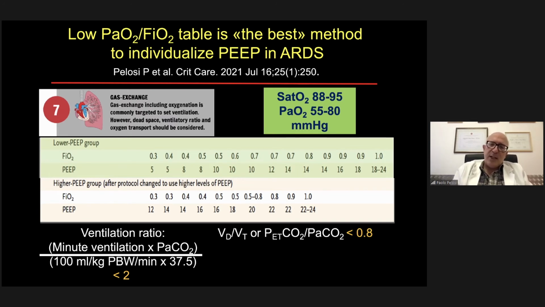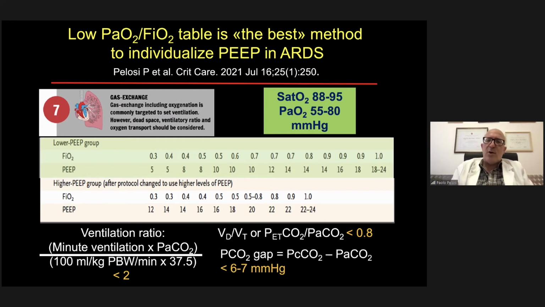Another easier method to have an estimation of dead space and wasted ventilation is to measure directly the dead space, or the ratio between end-tidal PCO2 and the real arterial PCO2, which should be maintained below 0.8.